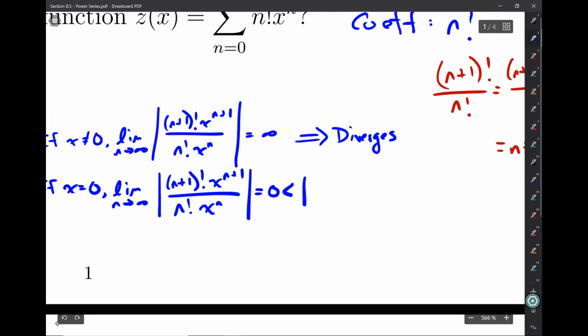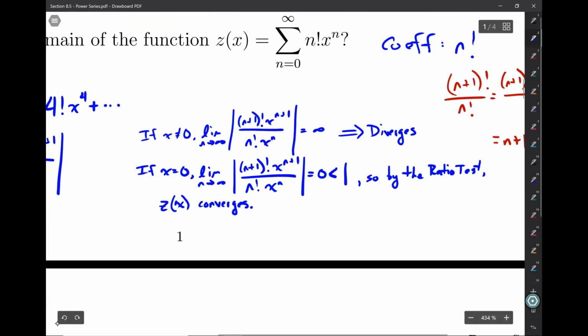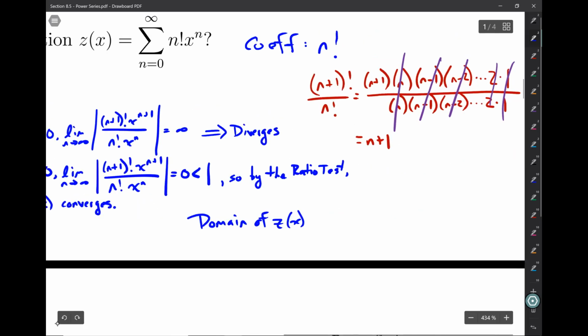And so we can say, by the ratio test, our series, z of x, converges. Therefore, the only value of x that actually leads to us getting a convergent power series is 0. So the domain of z of x is a very uninteresting domain. It's just the number 0.